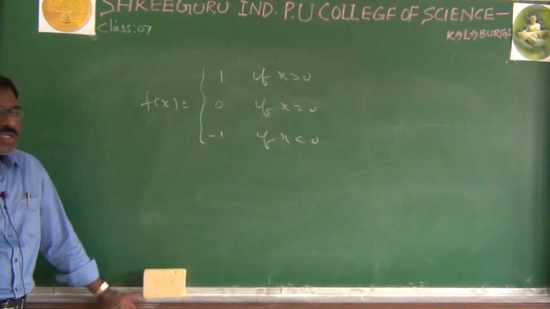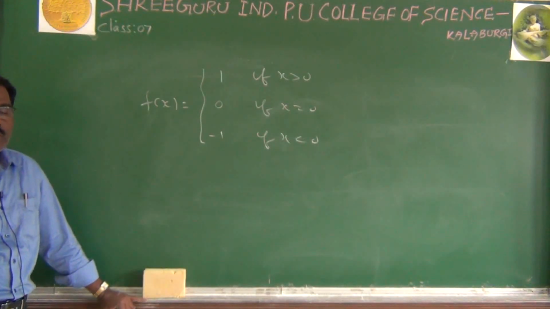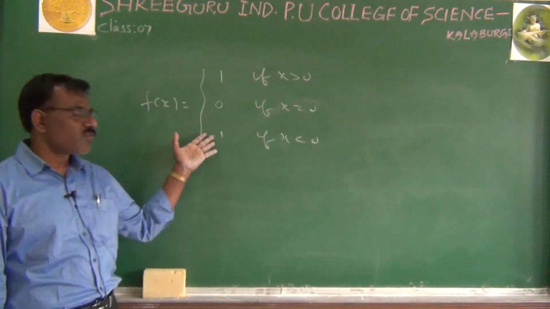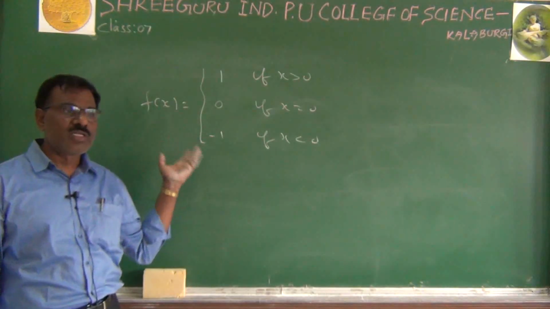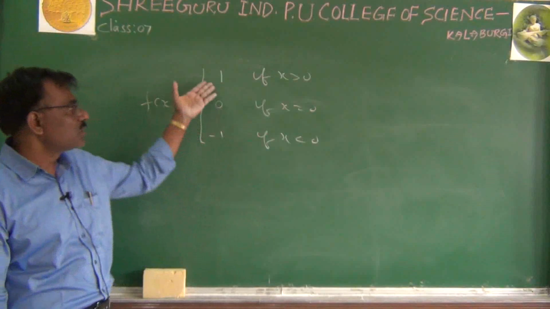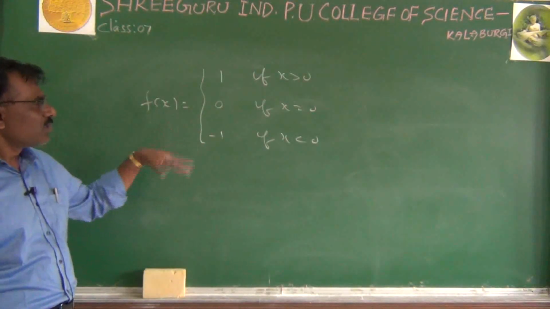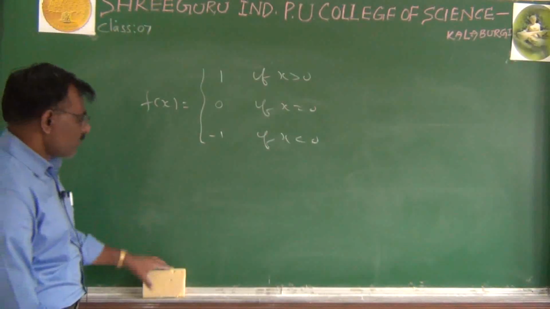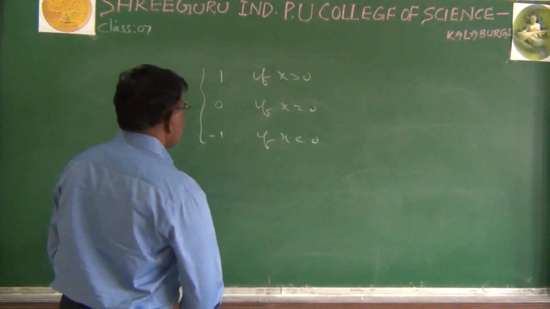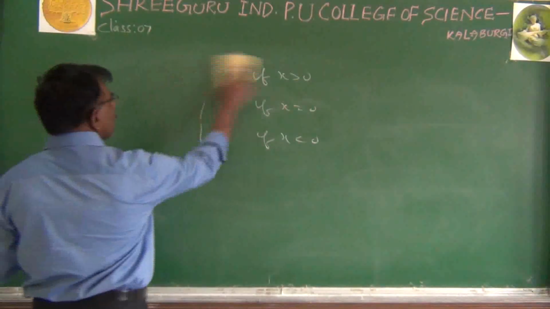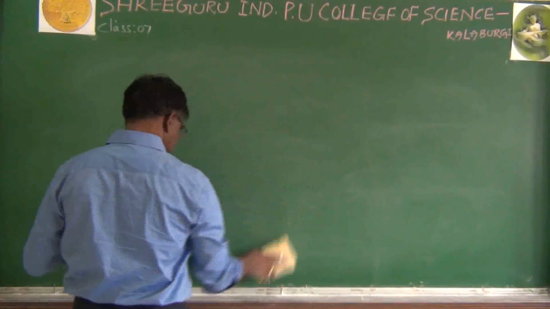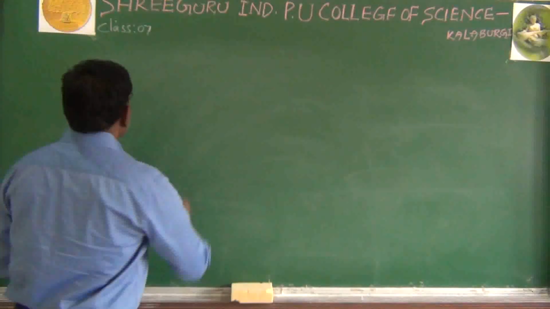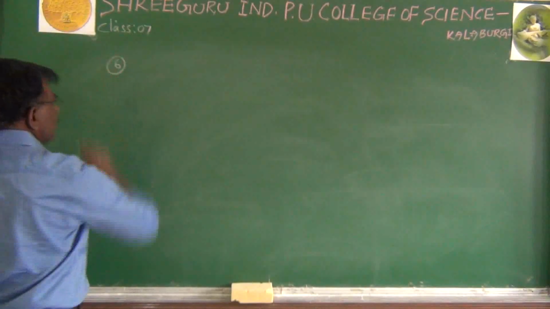But here the limit does not exist, because the right limit is 1 and the left limit is -1. It is also not differentiable at 0. But it is not continuous, because the left-hand limit is not equal to the right-hand limit. This is the signum function.